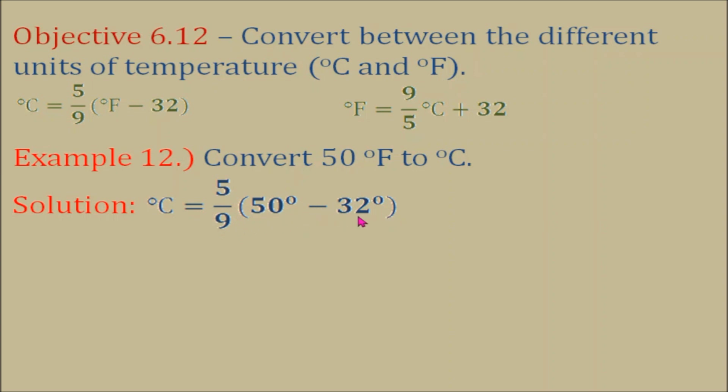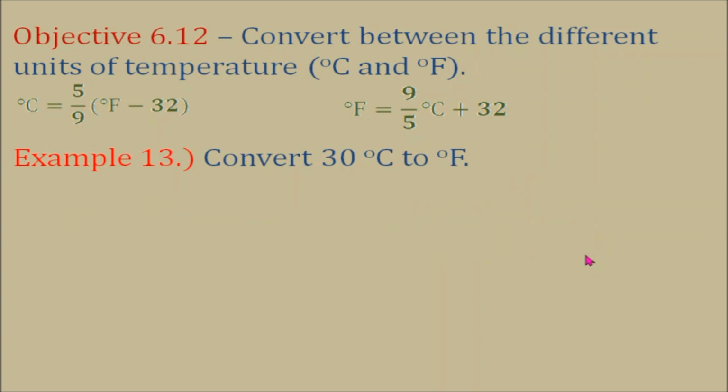We will first simplify what is inside the parentheses. Degrees Celsius equals 5/9 times 18, because 50 degrees minus 32 degrees equals 18 degrees. So 18 divided by 9 is 2, times 5 is 10. So that means 50 degrees Fahrenheit equals 10 degrees Celsius.